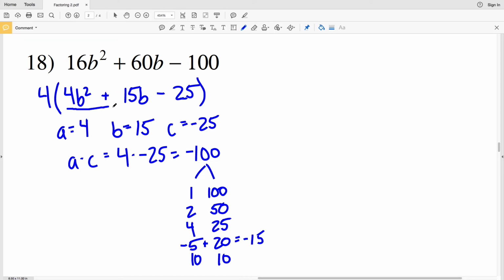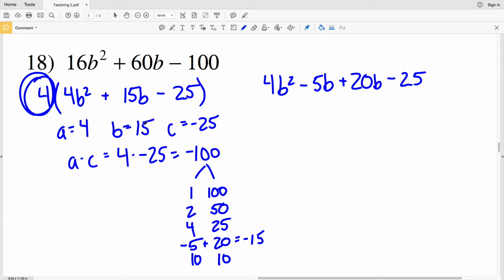So I'll rewrite this 4b squared plus 15b minus 25 as 4b squared minus 5b plus 20b minus 25. However, note that I dropped my 4, so I need to add that back in to my final answer. Since 4 is multiplied to that polynomial, 4 will be multiplied to the factor of that polynomial.